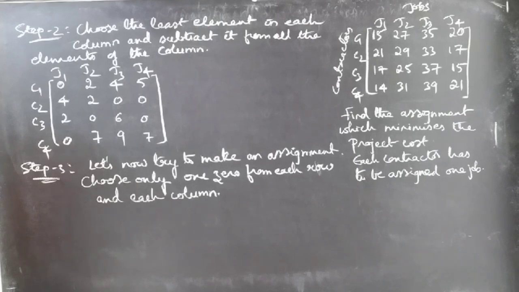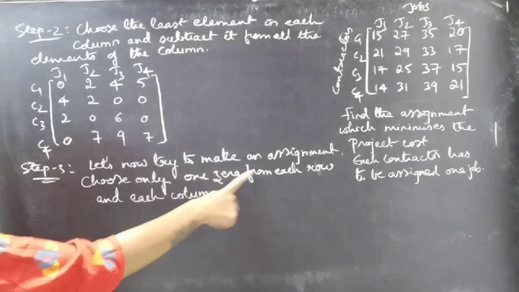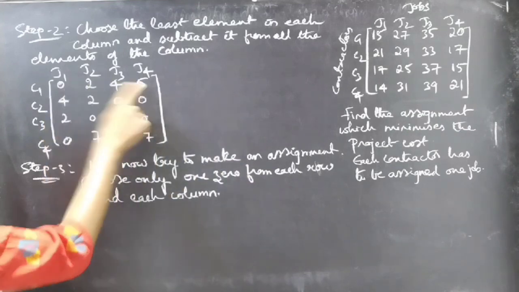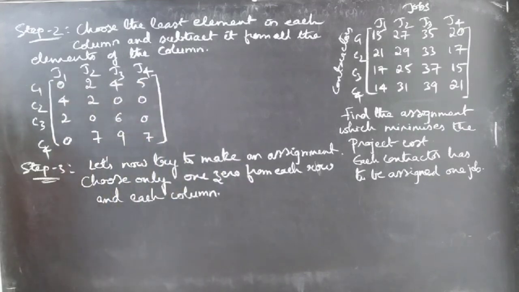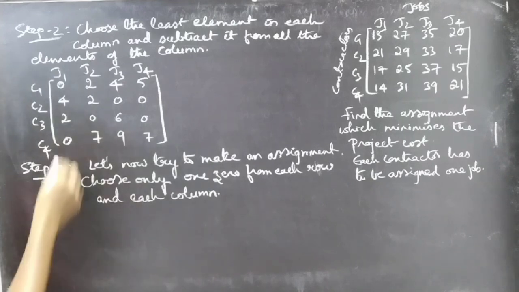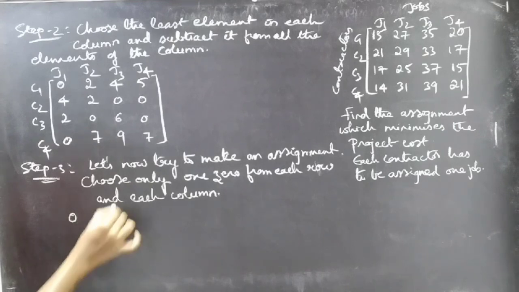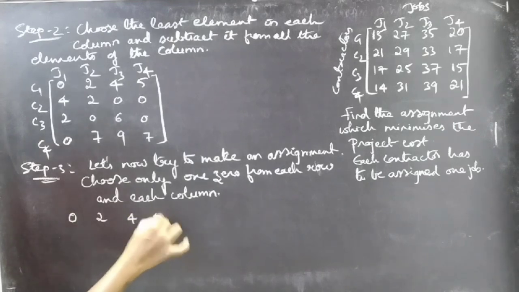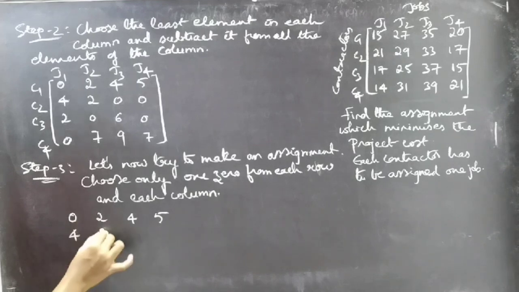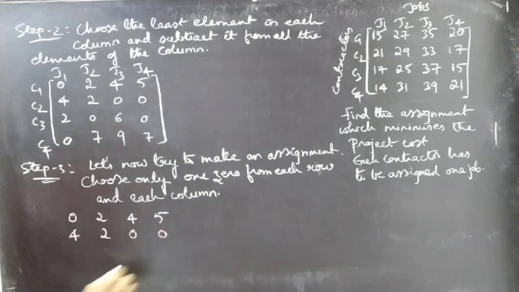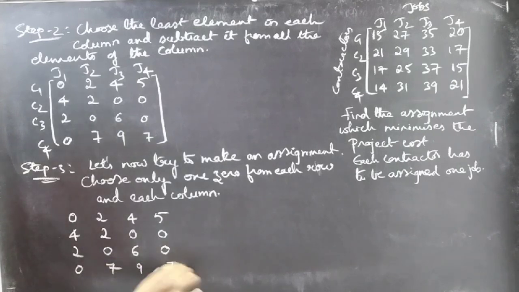Let's now try to make an assignment. We have to choose only one zero from each row and each column. Okay, let's see. I'll write the same reduced matrix again: 0, 2, 4, 5, 4, 2, 0, 0, 2, 0, 6, 0, 0, 7, 9, 7.